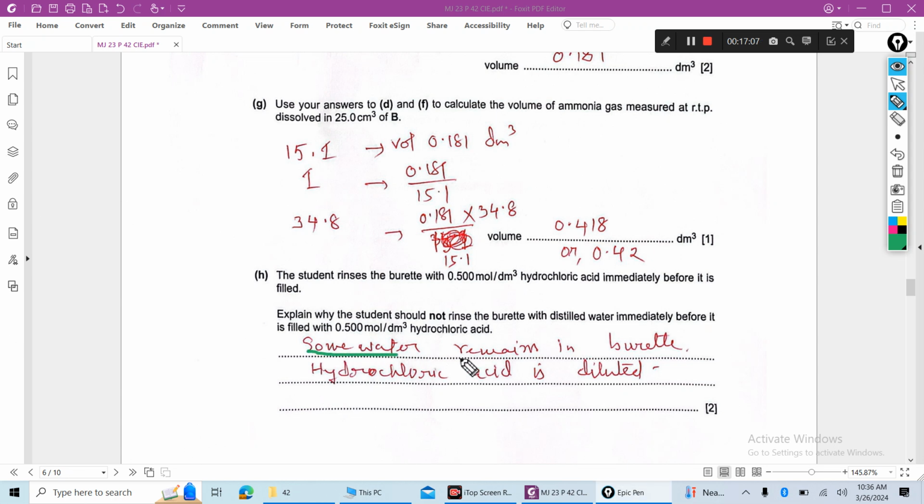Some water remains in the burette, so the hydrochloric acid is diluted. If the burette is rinsed with water, some water will remain in it, so the hydrochloric acid will be diluted. When water is present, the concentration of hydrochloric acid will be less.